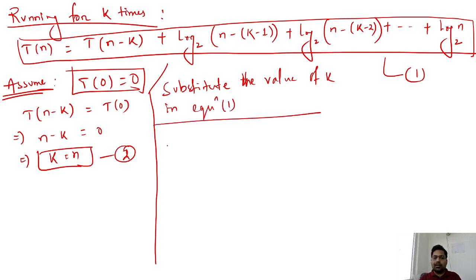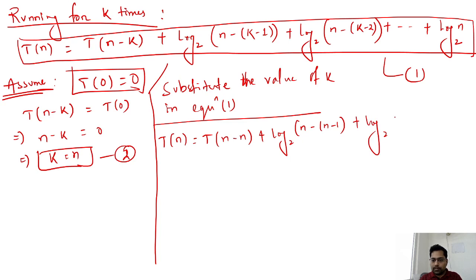Now what is happening? In place of k, you can write n as per equation 2. Next, log n minus, in place of k you just write n, next log base 2 of n minus 2, plus dot dot plus log n base 2. Simple. Now n minus n is 0.